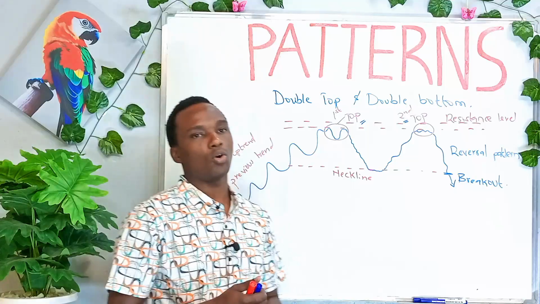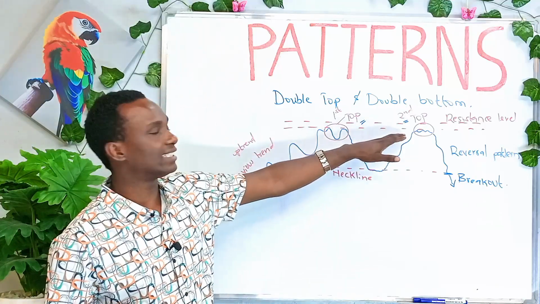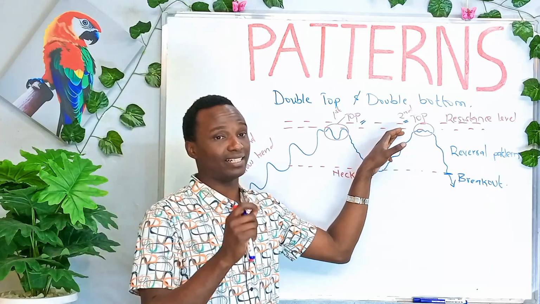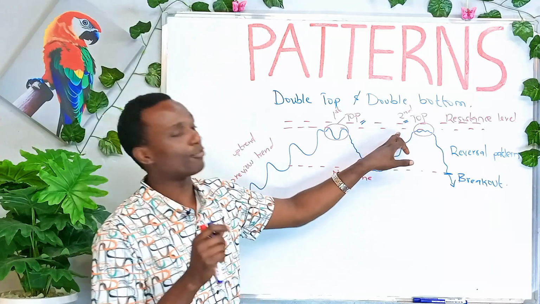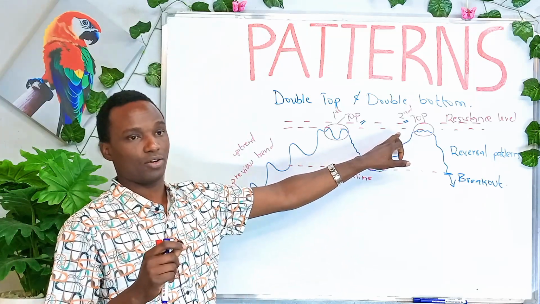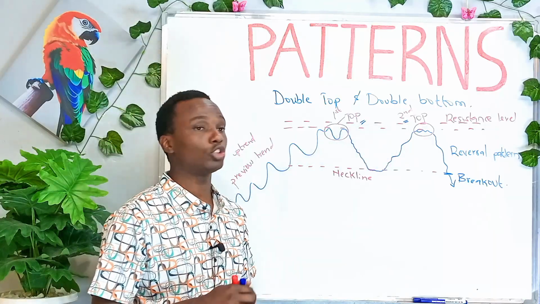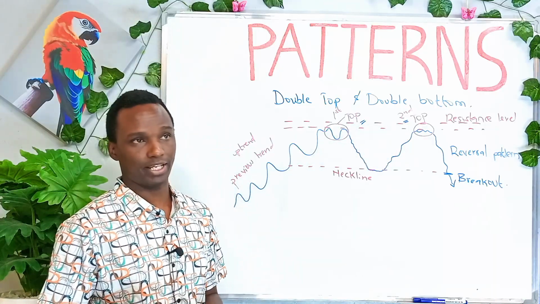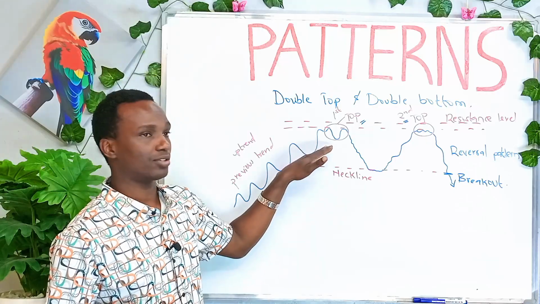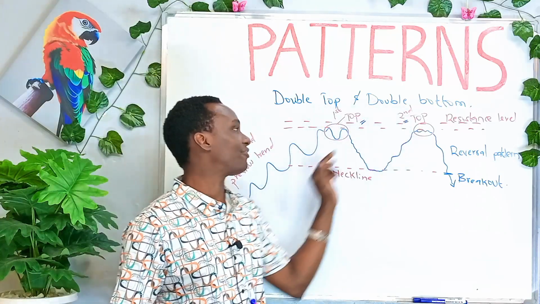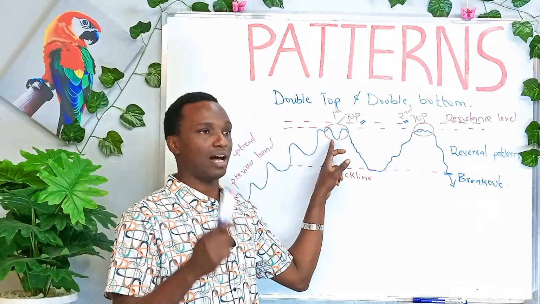All right, so after hitting this level, the price will bounce off slightly, but then it will return to test this level again. Hence the formation of the double top pattern. In this illustration, you can see that the two peaks were formed after a very strong move up.